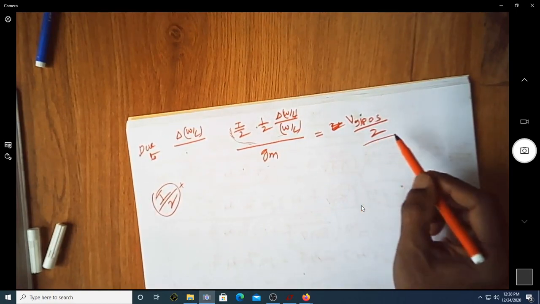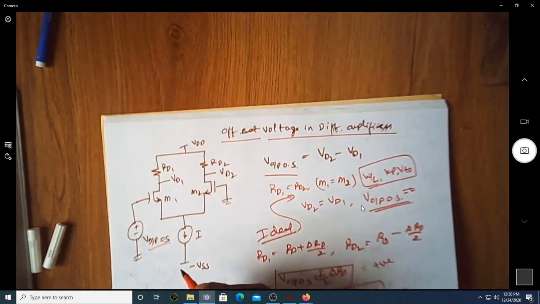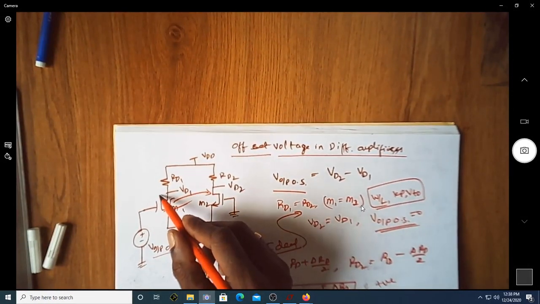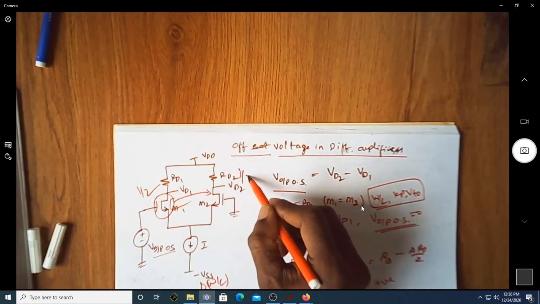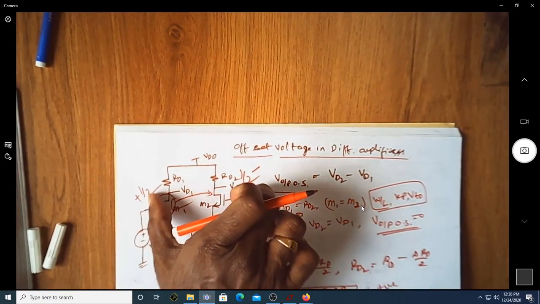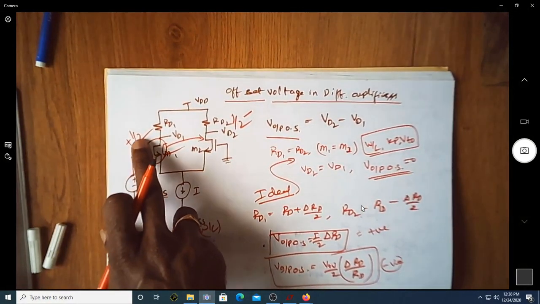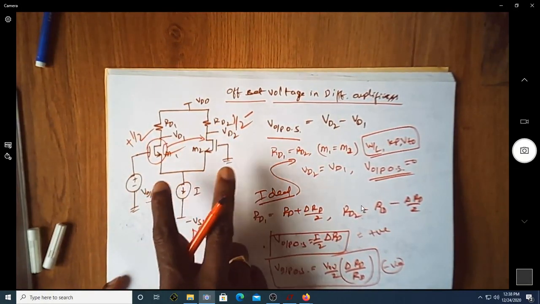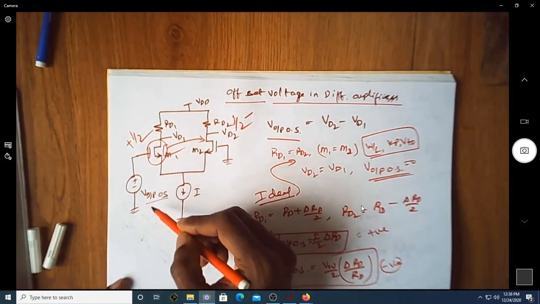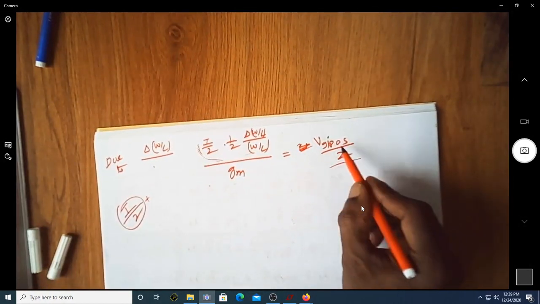Why it is half: we have taken the error delta W by L across both transistors. This one contributes half of the error, and the other contributes another half. Here it contributes a plus error, and this one a negative error. When I say summation, the currents need to add up: once the current is increasing here, the current is reducing there. The overall current change is due to the change in the value of W by L. So when I divide this by Gm, the input voltage to be applied is half of the input offset voltage.